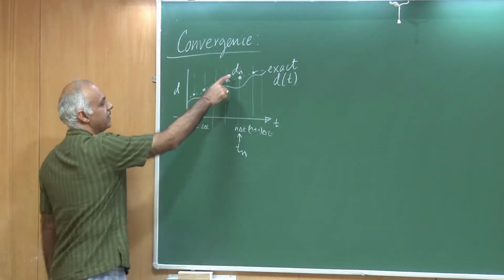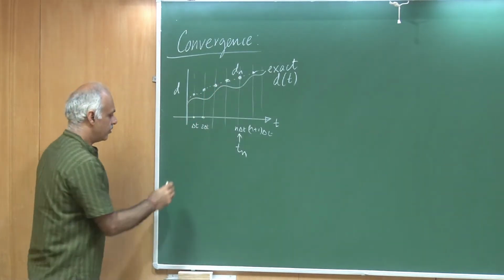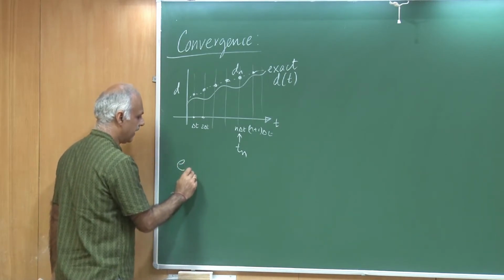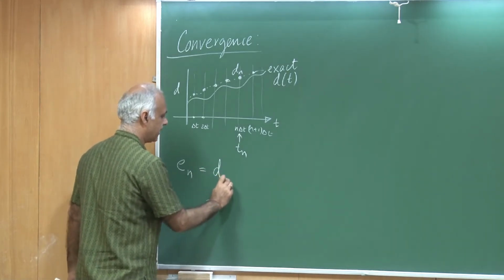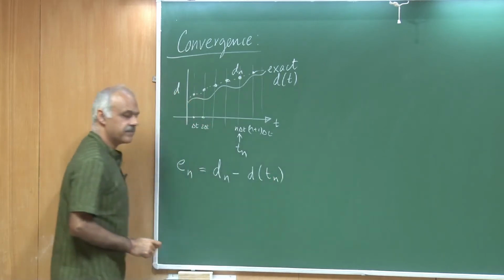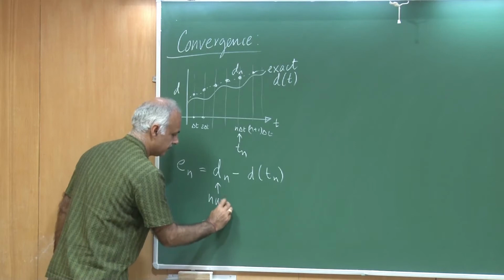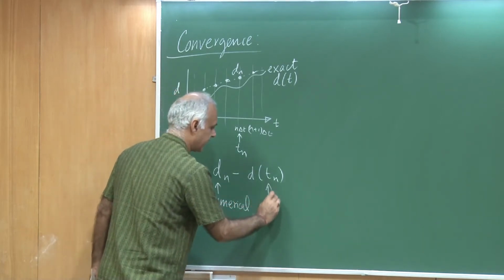This is my numerical solution and this is my exact solution. So, I could talk of an error at level n, which is d at n minus d at t n. This is the numerical solution and this is my exact.